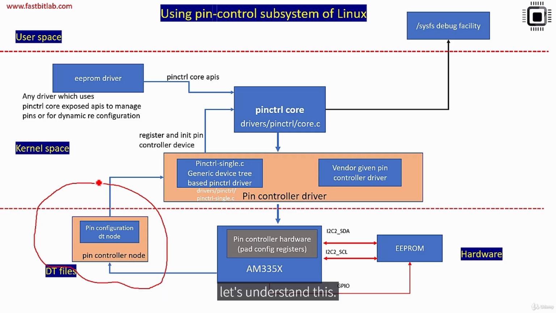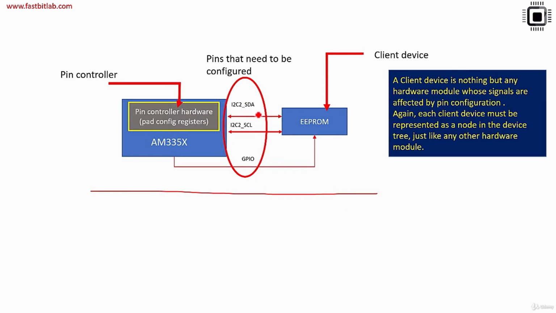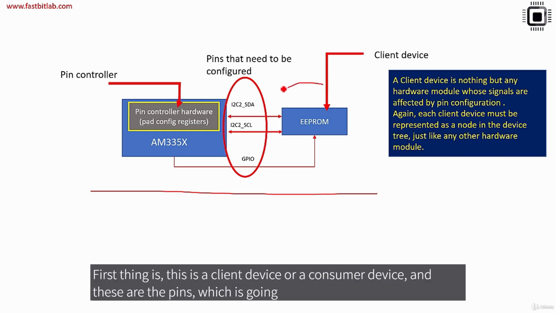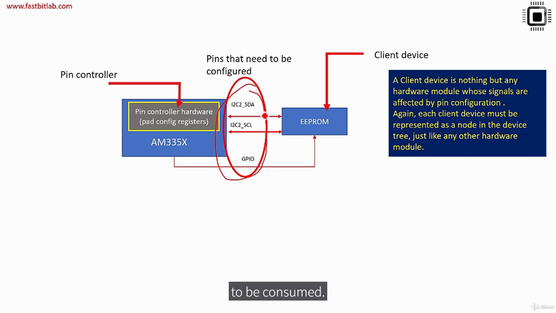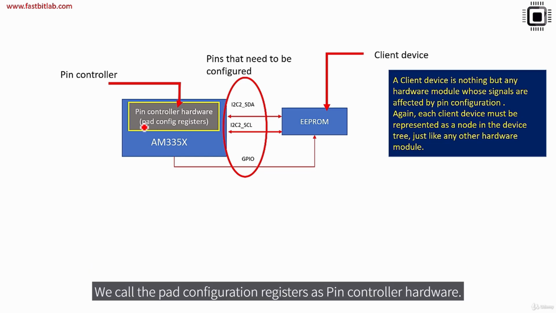Now let's understand this. Let's say this is your connection details. Here we can identify various elements. First thing is, this is a client device or a consumer device, and these are the pins which are going to be consumed, and these pins are handled by the pad configuration registers of the SoC. We call the pad configuration registers the pin controller hardware.